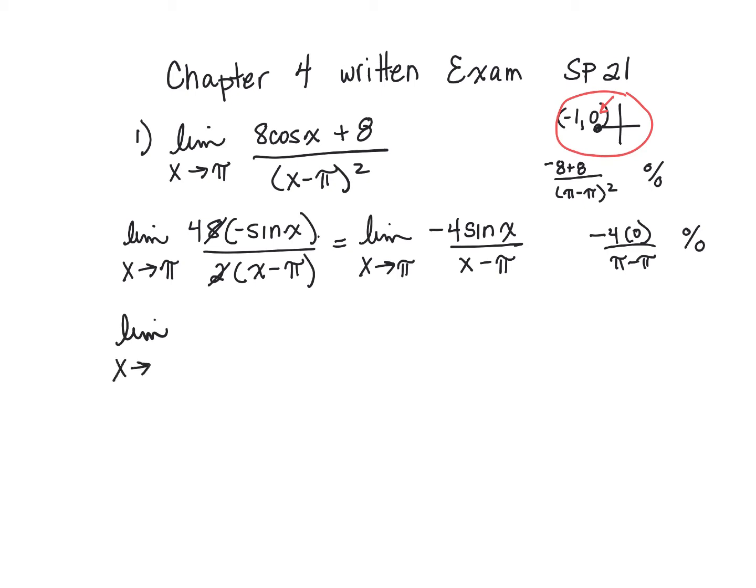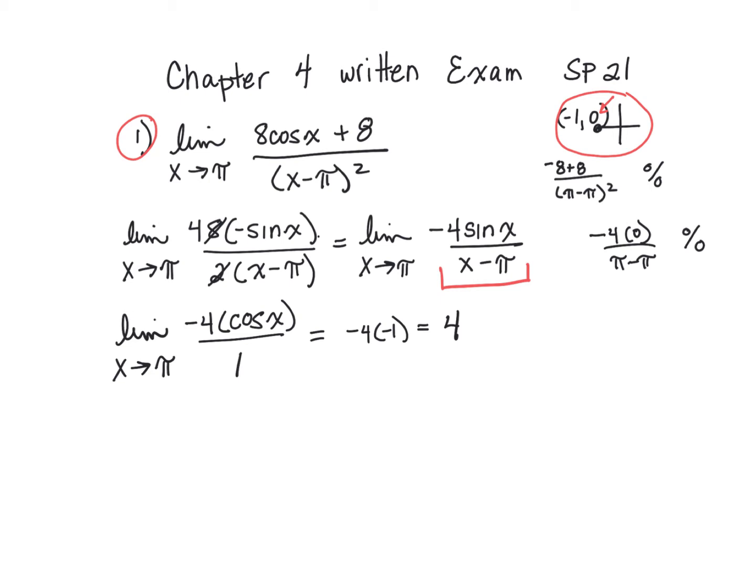So now we have the limit as x approaches pi, and we apply L'Hopital's rule again. We get -4 cosine of x over 1, and our answer will be -4 times -1, or 4. So that's the answer for number 1.